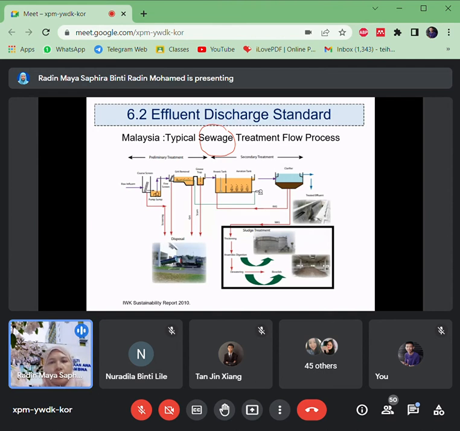Grit removal is to remove material like sand and the heavy particles yang kena remove dulu, sampah-sampah. Then we have the grease trap, minyak semua. Then we have the balancing tank to prepare for the next process of aeration.